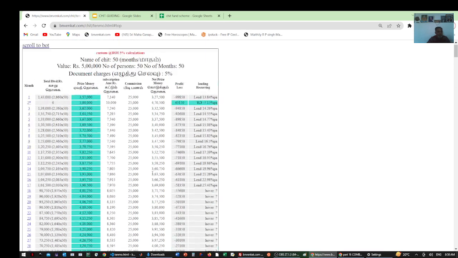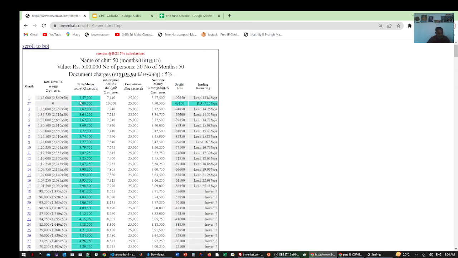Now, here the table is here. The total dividend in the first month has worked out to be 1,43,000. The maximum total dividend would be 35% of 5 lakh, that is 1,75,000 rupees only, and correspondingly the maximum will be 3,500 per member.